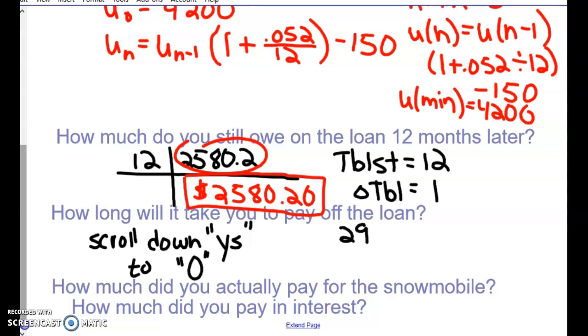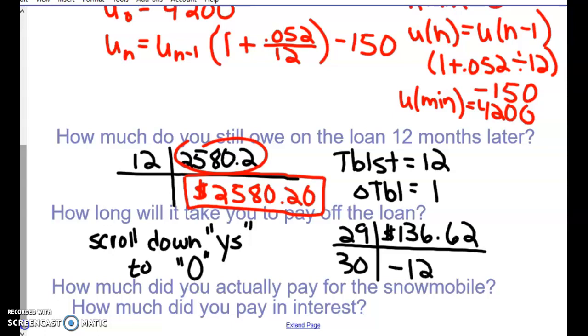After 29, this is what we have: 136.62. And after 30, it says negative 12 point something.